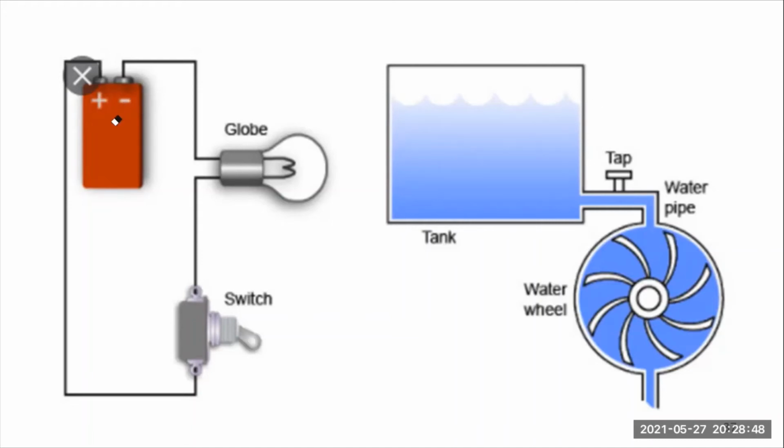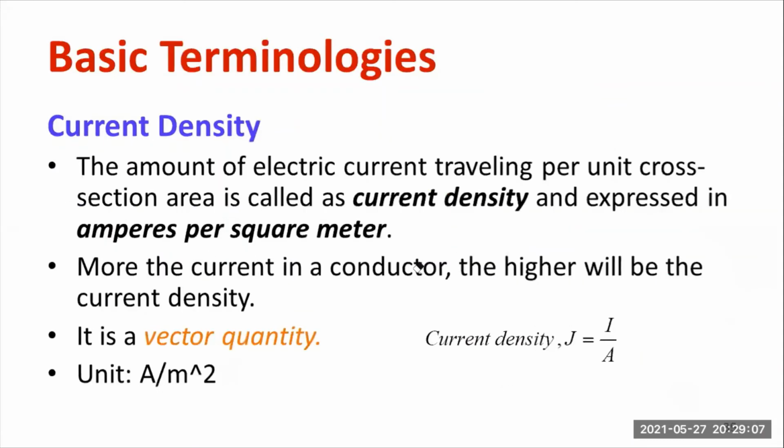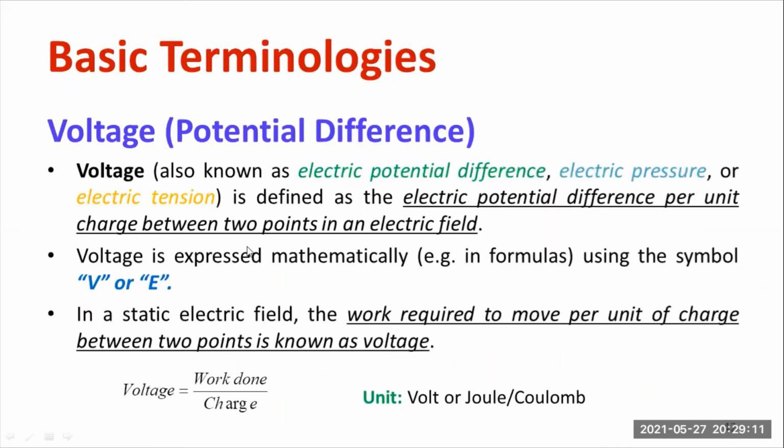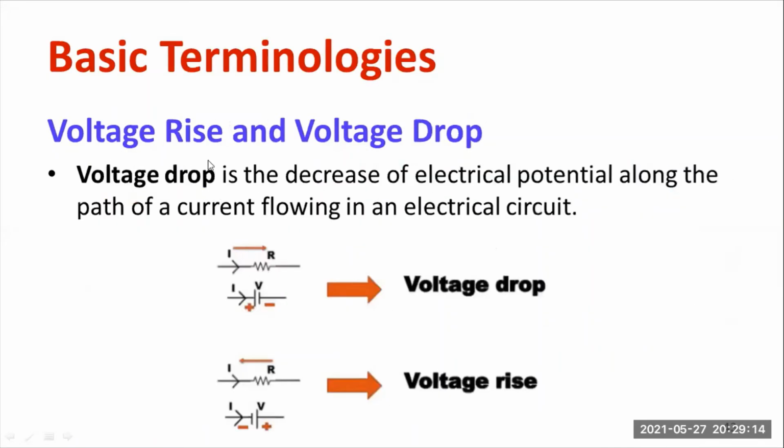For example, in an electric system, if I charge the battery completely, definitely the current flow will be more. If the battery is about to empty, definitely current flow will be reduced, so that we can compare the water level with the charge stored inside the battery. All right. So this is another analogy. Please do compare everything and study so that it will be most interesting and you can remember it forever.